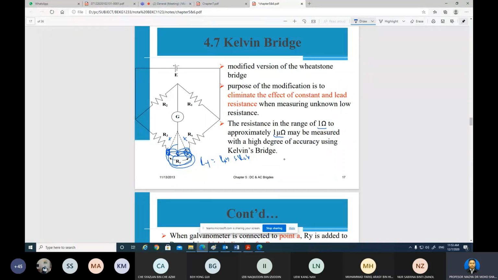This modification is to eliminate the effect of constant and lead resistance when measuring the unknown low resistance. The function of the Kelvin bridge is to measure low resistors from 1 ohm to 1 micro ohm.